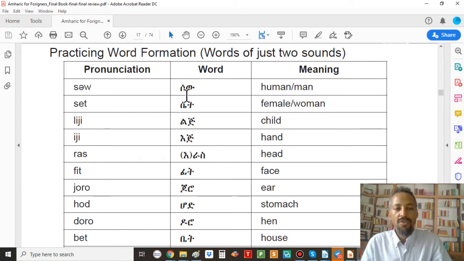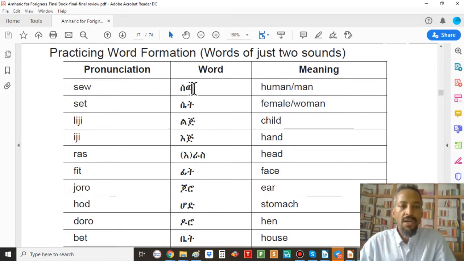Then your job will be to study vocabulary and grammar, so you can use the vocabulary to build your learning.